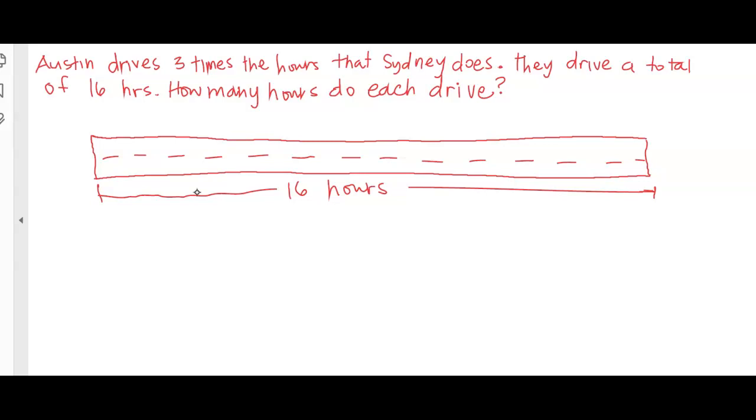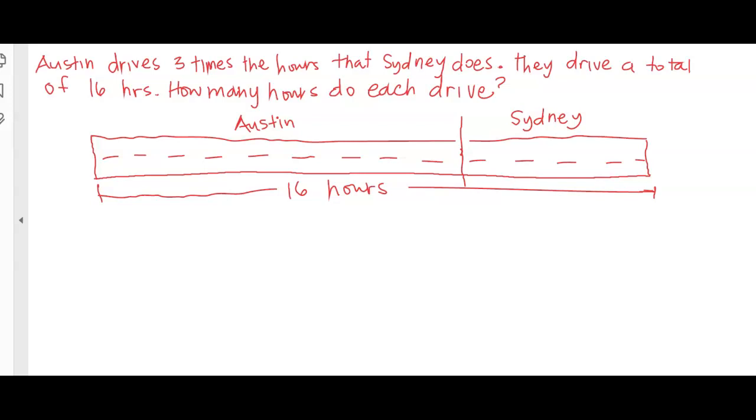So I'm going to start by putting a little line here. Like I said, we can pretty much tell that Austin is going to be driving a lot longer distance, so I'm going to write down Austin up here and Sydney over here. I don't know how many hours exactly yet, but this helps me visualize what's going on.